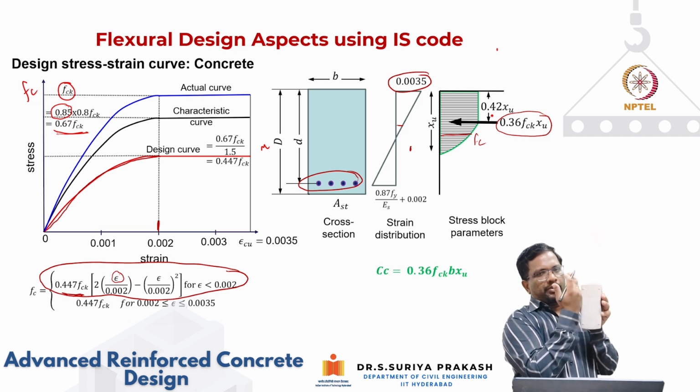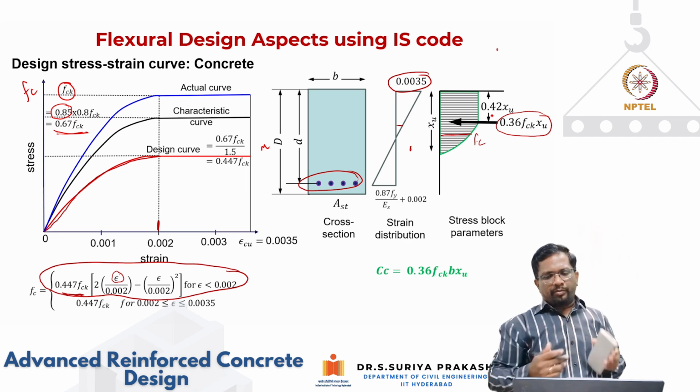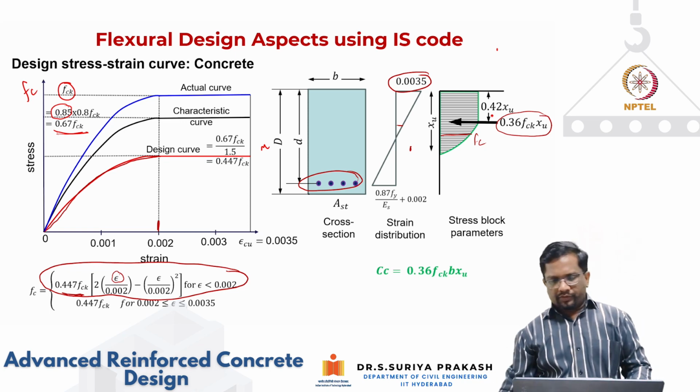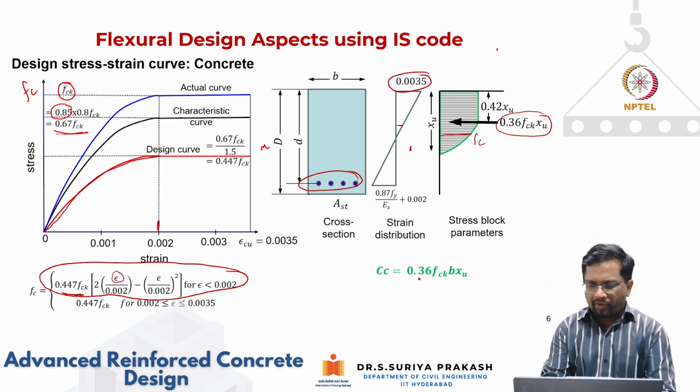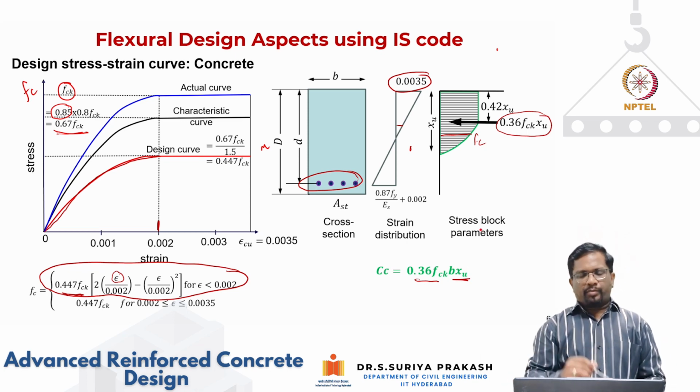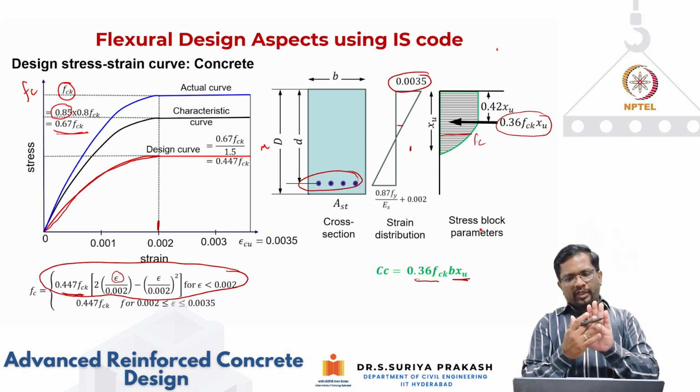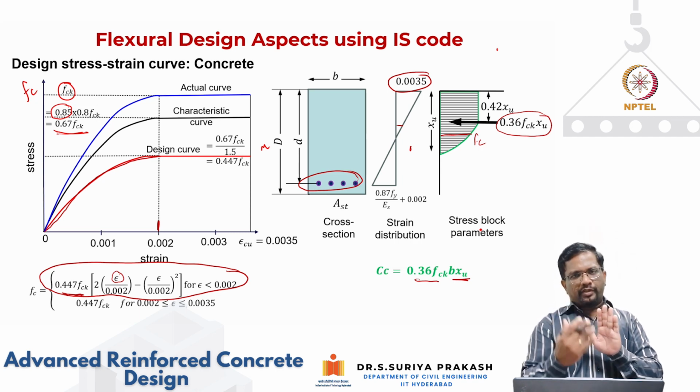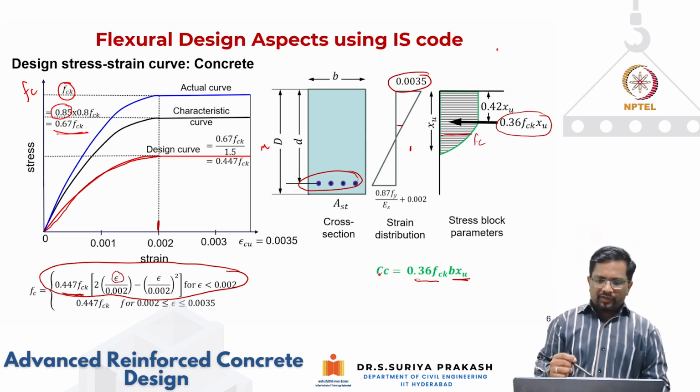So this force has to be multiplied by the width to get my total force. That is why Cc becomes 0.36 fck b xu. So that is your concrete force in compression. These are your stress block parameters, which have to be multiplied by the width for a rectangular section to get your Cc.